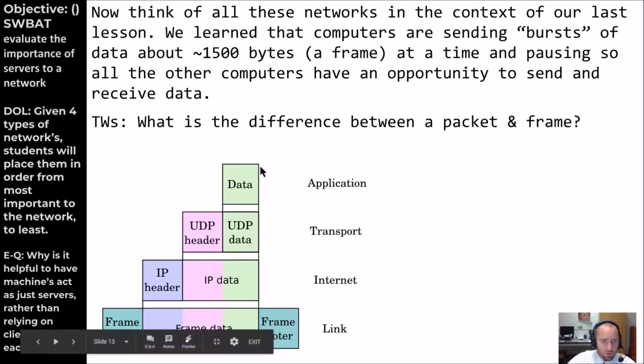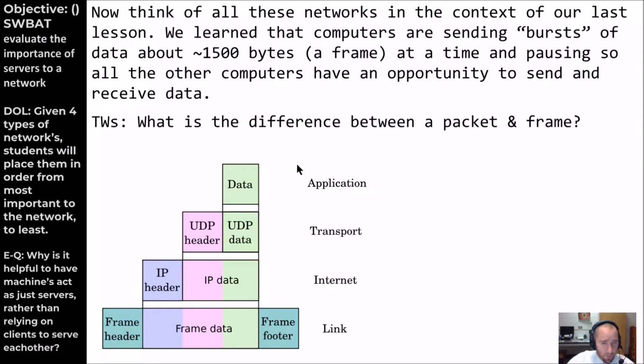And here's a good visual to think of that. So you start out with the data of just an application, and when 2 computers need to talk to each other, now we're talking networking, right? So there's the data that makes your Snapchat work on your phone. Now to send that video that you just made, you're going to have something called a header, and we're talking either UDP or TCP.